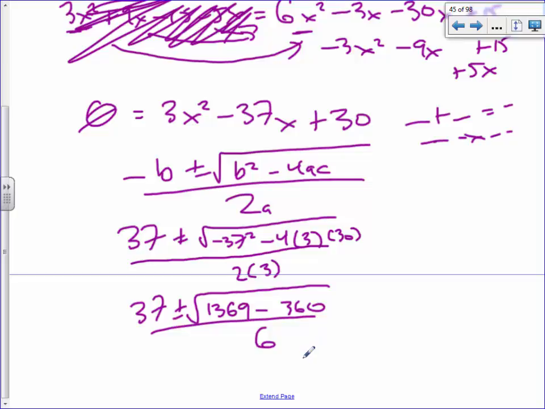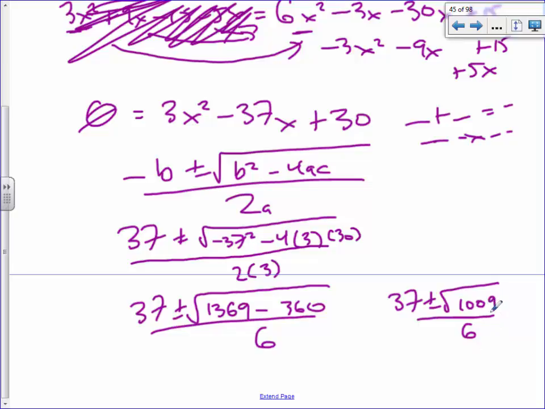Because it's not negative. If this stuff under the square root was a negative number, you can't square root a negative number. That is the one and only time that there is no answer. So there's no answer if this had been a negative number, but it won't be. It's going to be, what is it, 1009? Oh, 6. We're going to stop there.